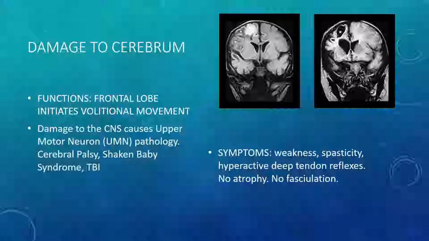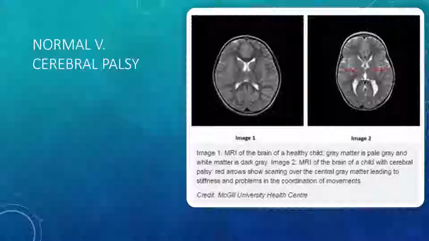So if you think of a child with cerebral palsy, we think about spasticity, and I think generally with children that I have worked with with shaken baby syndrome, they just feel very, very, I don't know, floppy would be the best word. So this is a child where the brain on the left is a normal child's brain, and you can see where the gray matter is.